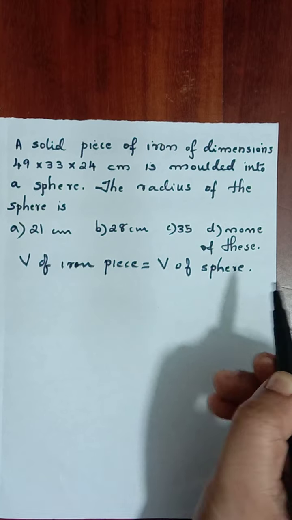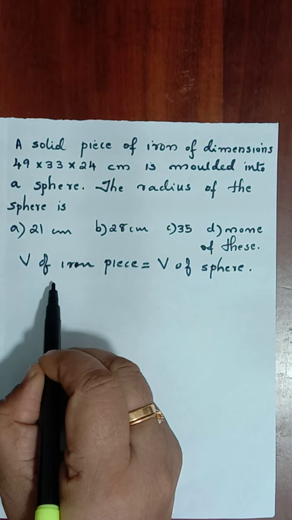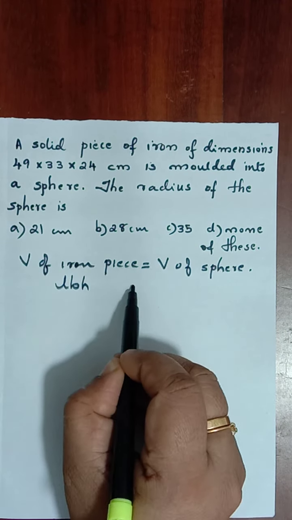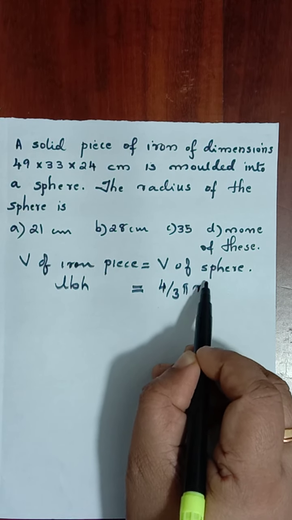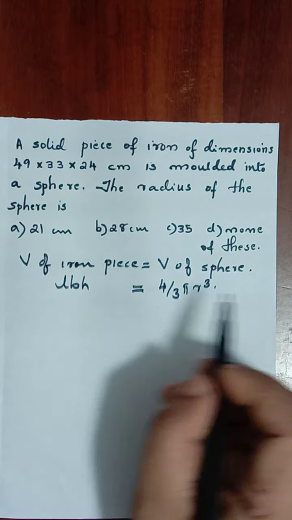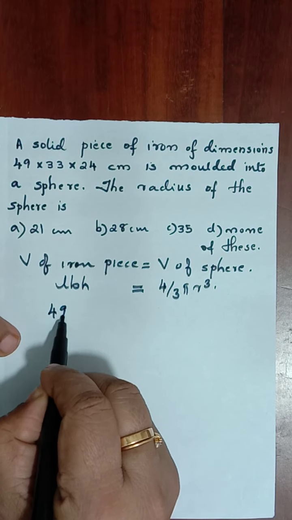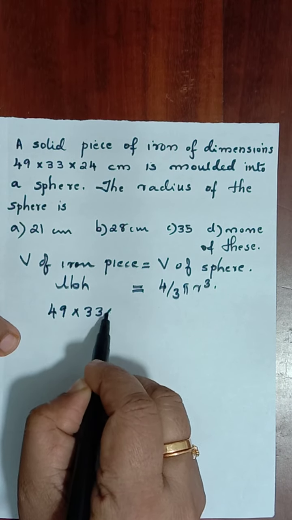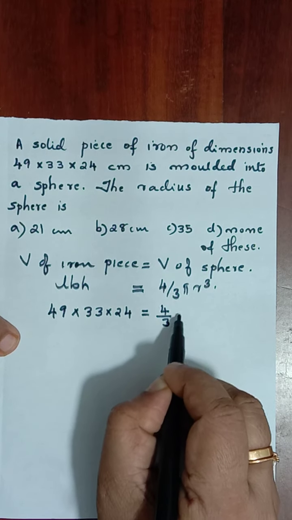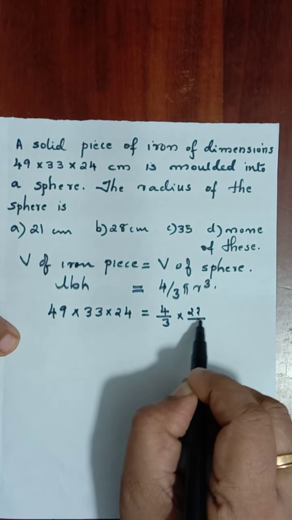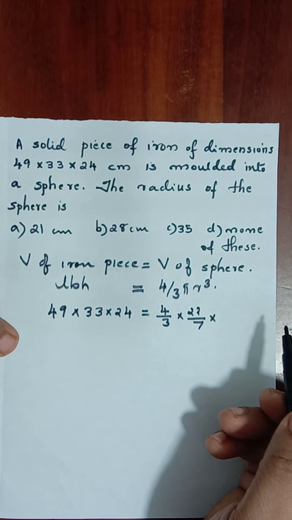Isn't it? So volume of iron piece equals LBH, which is equal to 4 by 3 pi r cube. Let us have the values. 49 into 33 into 24 is equal to 4 by 3 into 22 by 7 into r cube.